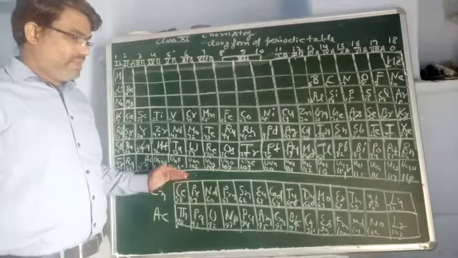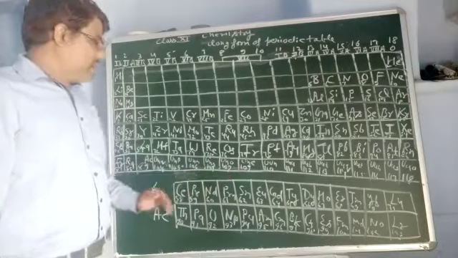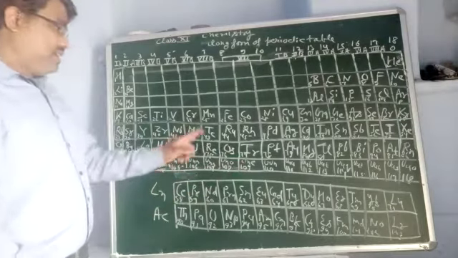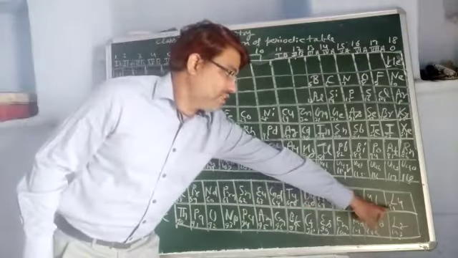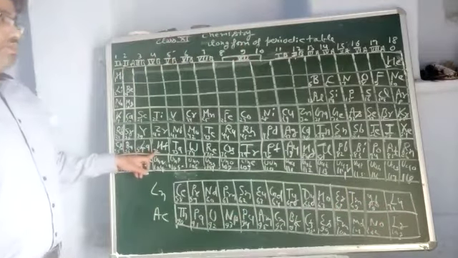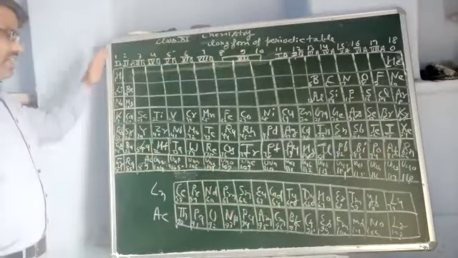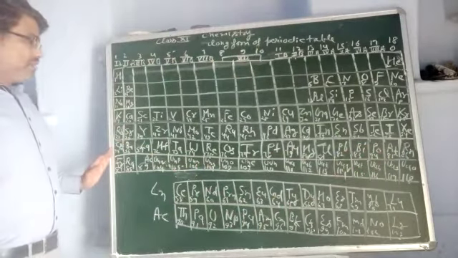They have some different properties, so we have kept them separately. Now after 71, we have 72 to 86. These elements are present in the main part of the periodic table.